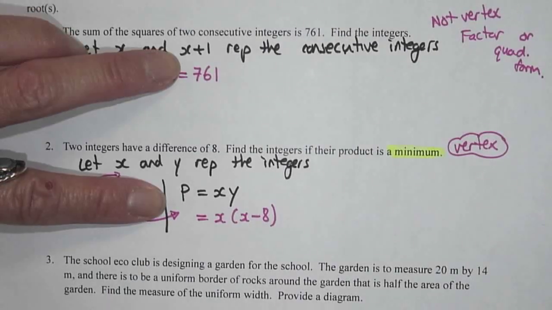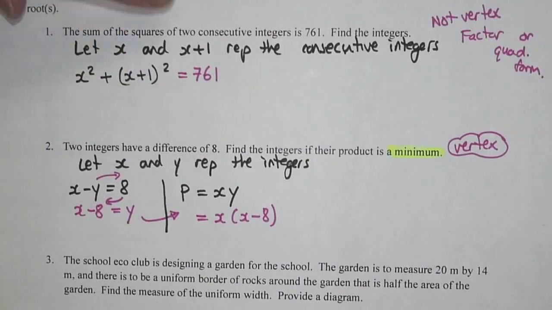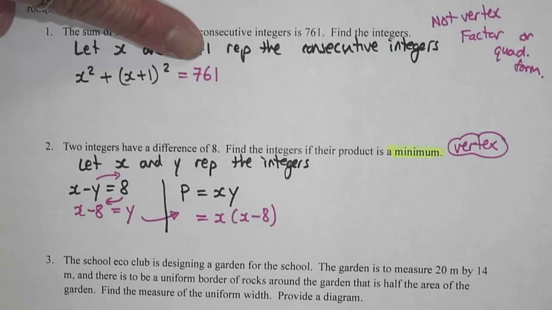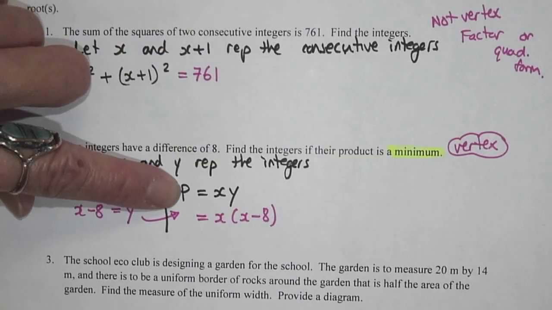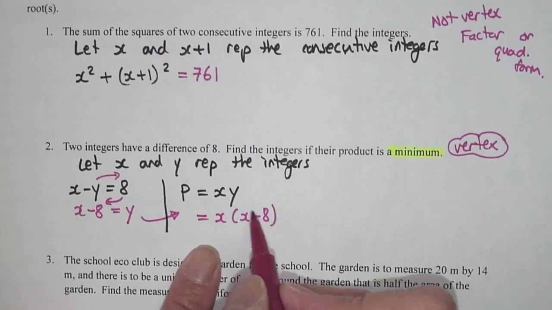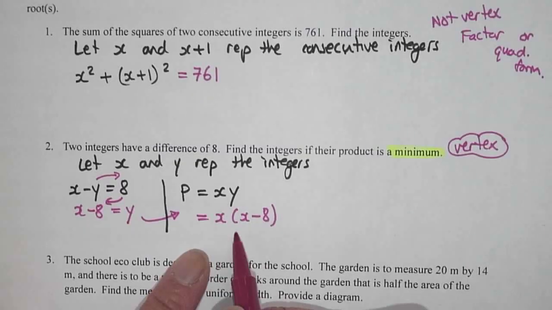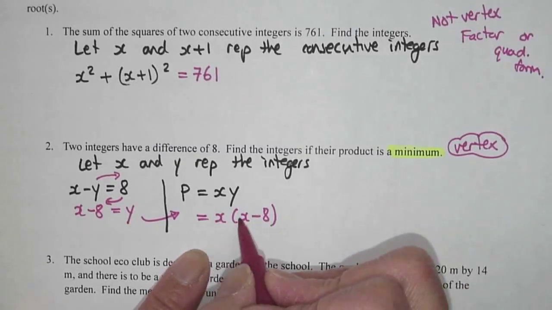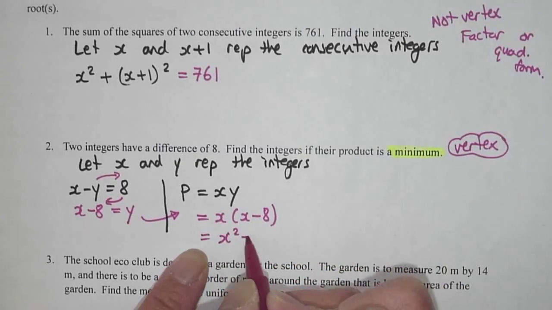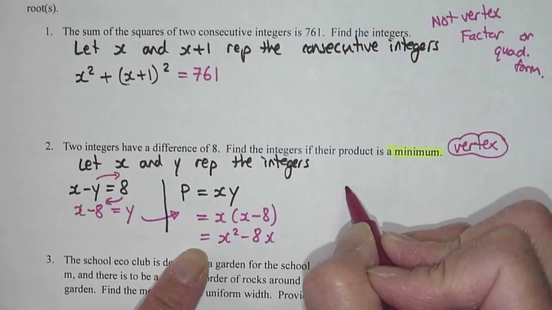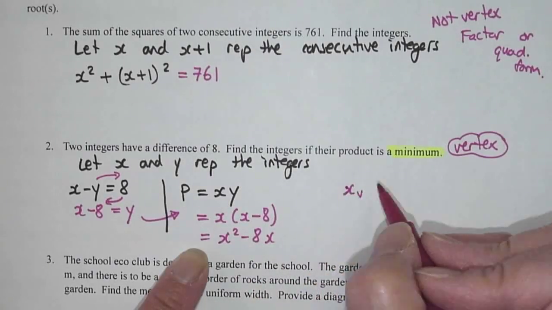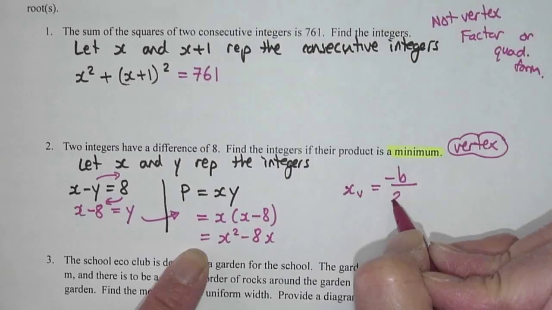See how this is different? This one, I'm telling you, they actually total to 761, period. We're not finding max-min. This one, I'm finding the product that's a minimum. So this is the one where I would bring it together, or use the two factors, and do the vertex x. I would maybe do x squared minus 8x, and then xv, or vertex x, which is negative b over 2a.